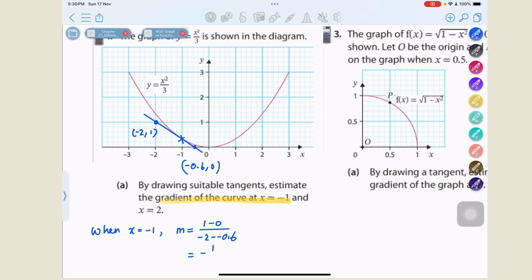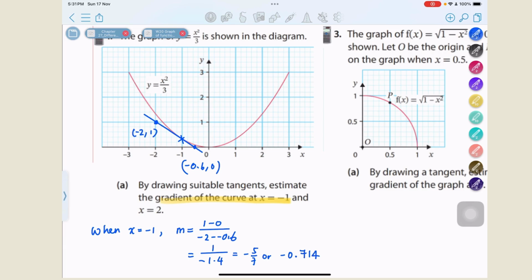From here we get 1 over -1.4. Working this out, I get my gradient is -5/7, or I give my answer as -0.714.